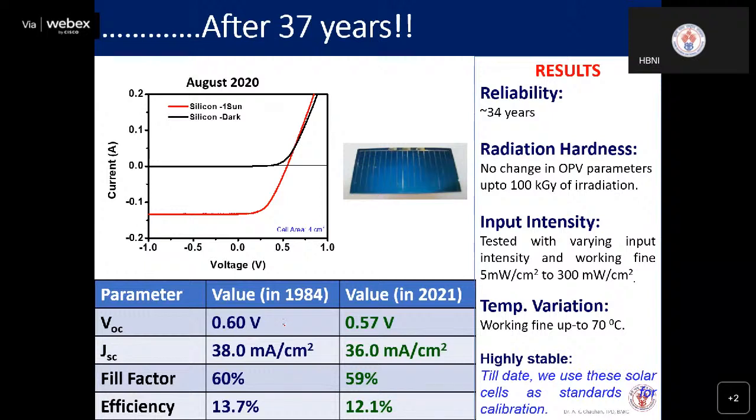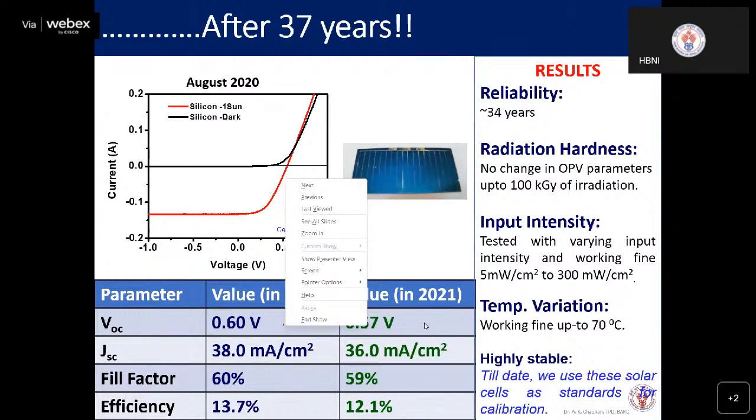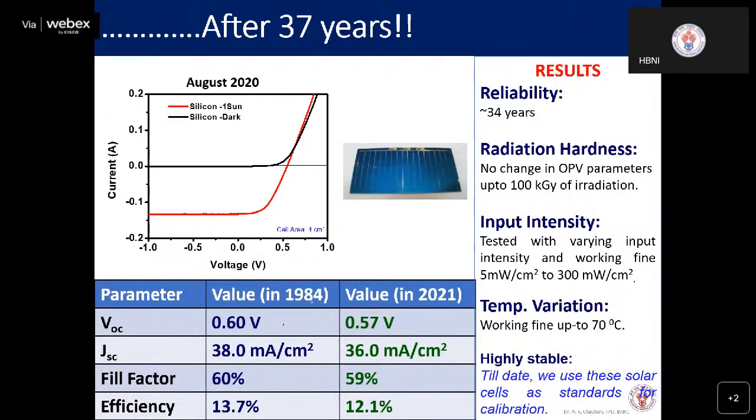So the efficiency value which was 84.6, now it is 0.57. This is very close. The efficiency was 13.7, now 12.1. So you can see that even after 37 years, the solar cells are working fine, perfectly.